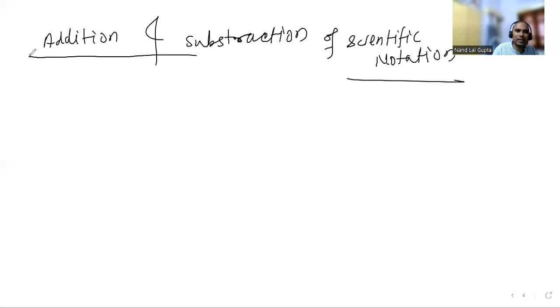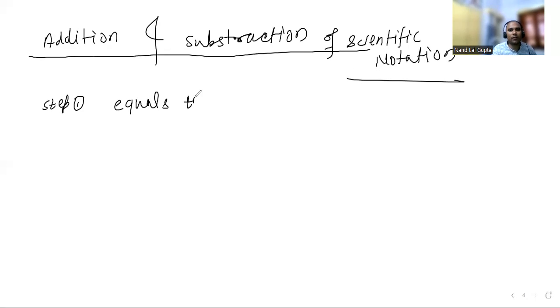When anything is written in scientific notation, you have to apply the scientific method. Step number 1: equalize the exponent. Exponent is the power. You need to equalize the power.